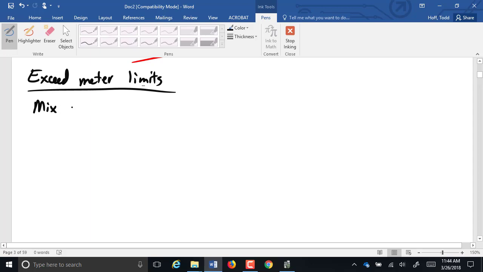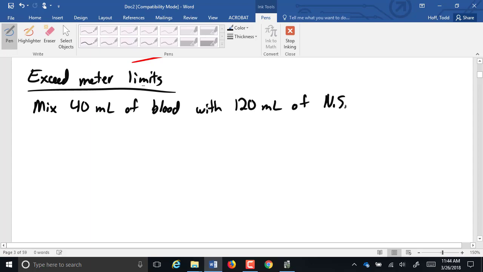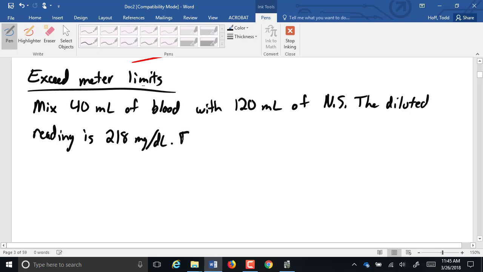We're going to mix 40 milliliters of blood with 120 milliliters of sterile water, of saline. The diluted reading is 218 milligrams per deciliter. Find the true reading.